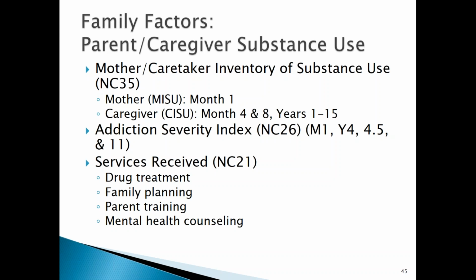There's the Addiction Severity Index, and then there was also another form on something else, but it also includes some services that the caregiver may have received, so things like drug treatment, but some other areas like mental health counseling or family planning or parent training.